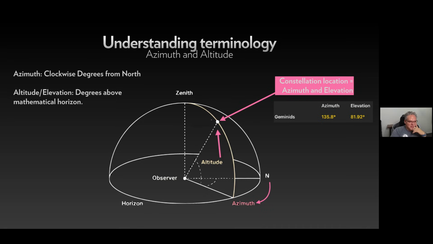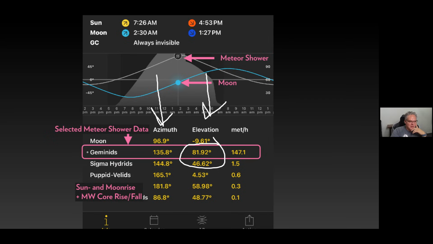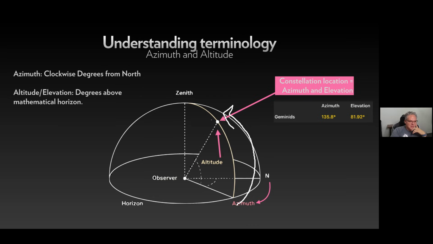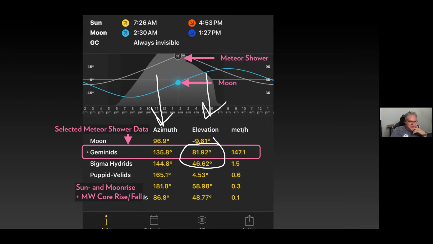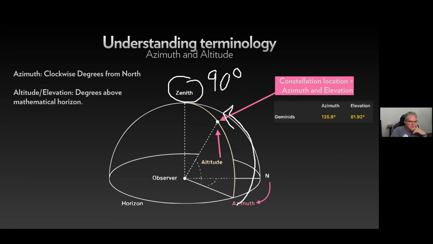So elevation is how many degrees from the horizon you're going up. So if this other number here is 81.92 and the zenith right here is 90 degrees, this value that we see here, 81.92 degrees, basically means that the meteor shower is going to be right there.